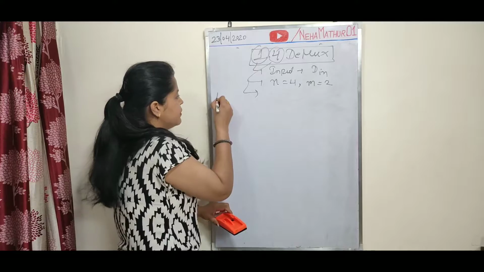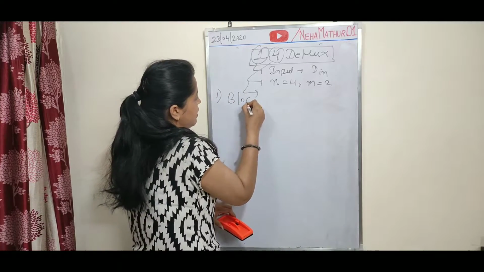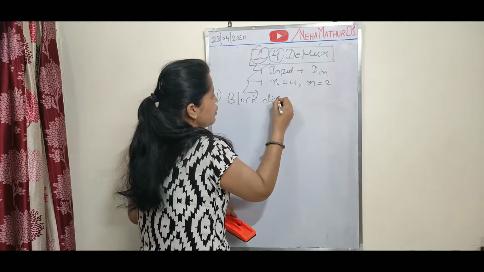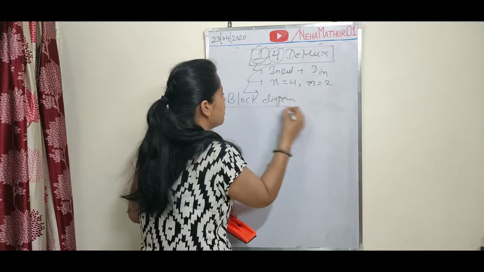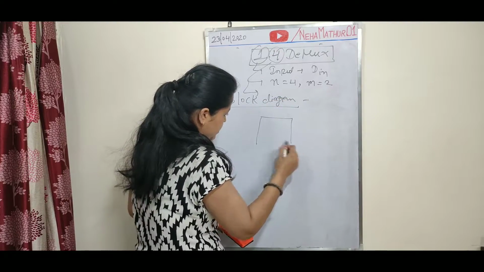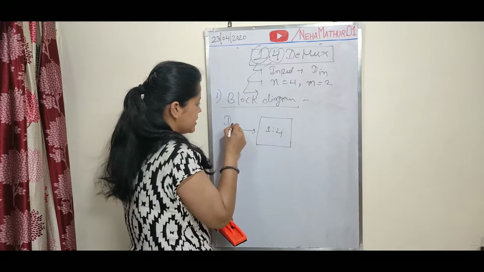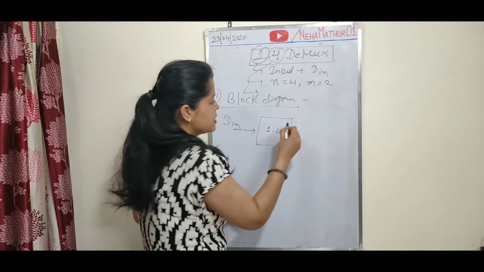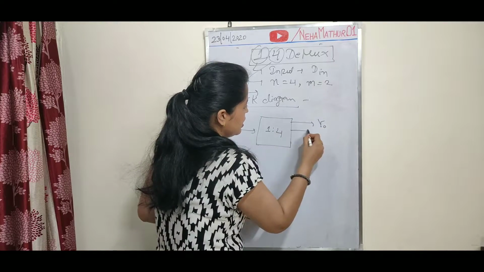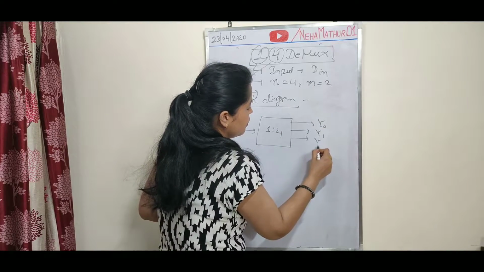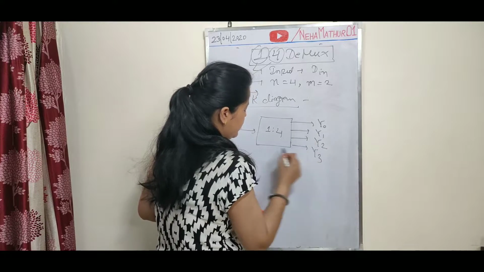So the first step is its block diagram, which will give you just a rough idea between number of inputs and number of outputs. 1:4 with 1 input, that is Din, 4 outputs represented by Y0, Y1, Y2 and Y3.